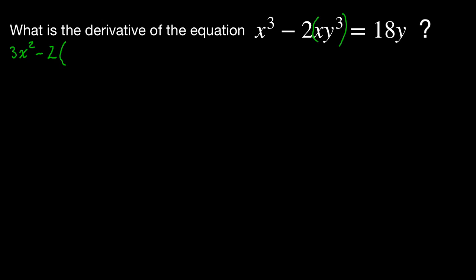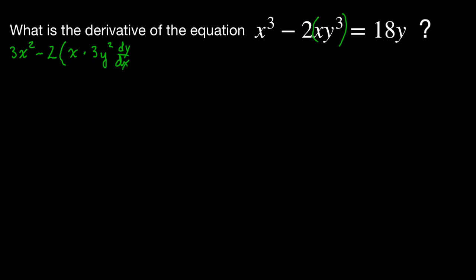All right, so chain rule is going to be first, which is x, times derivative of the second. Well, the derivative of the second is going to be 3y squared times dy/dx, because again you got chain rule in there.